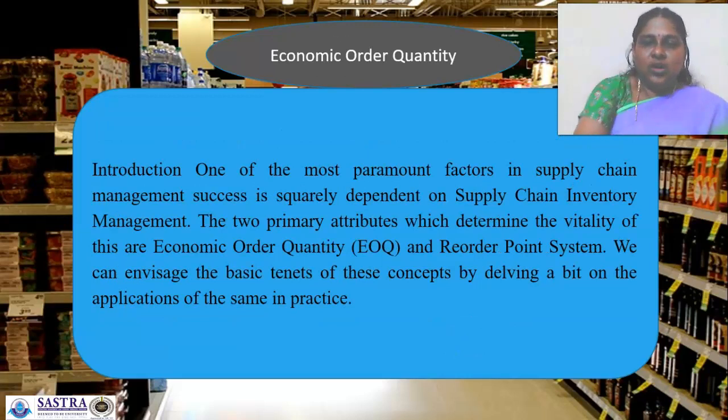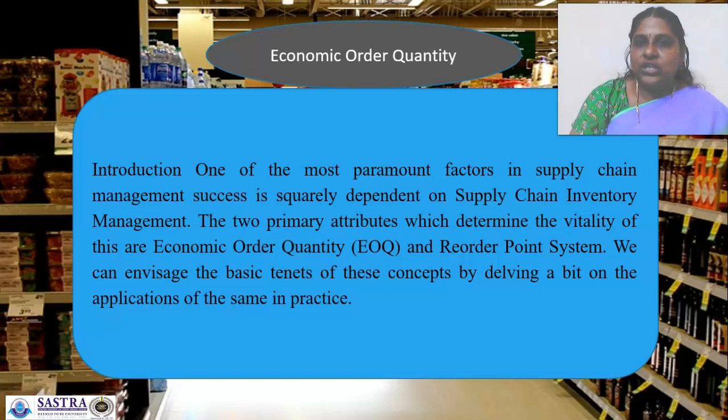The stock or inventory management deals with the economic ordering quantity process, and for that we should discuss in detail how to determine the economic ordering quantity in the supply chain to maintain inventory.